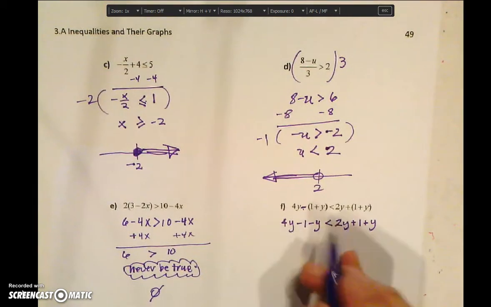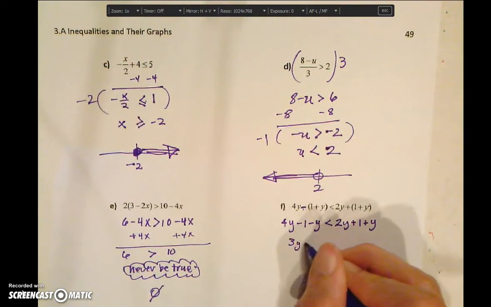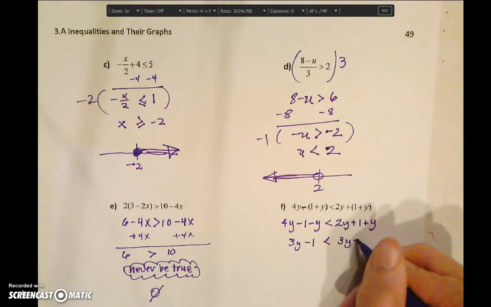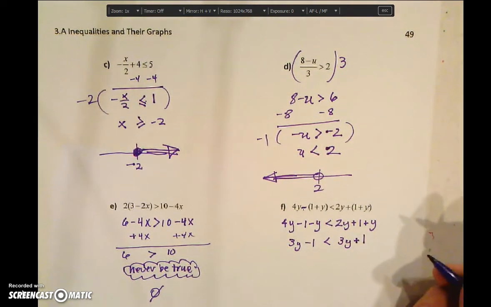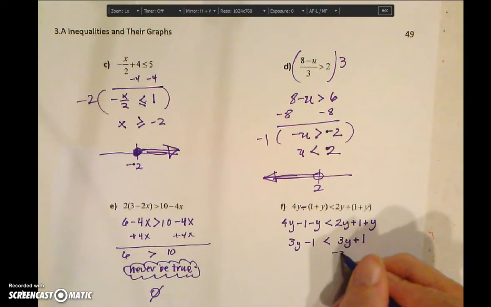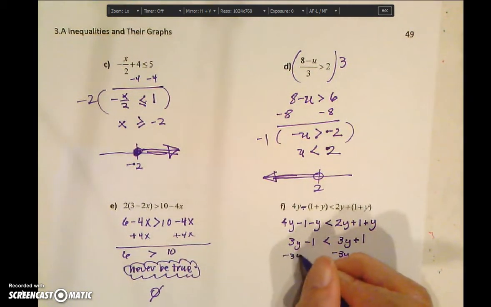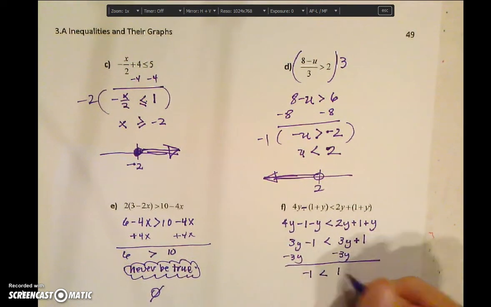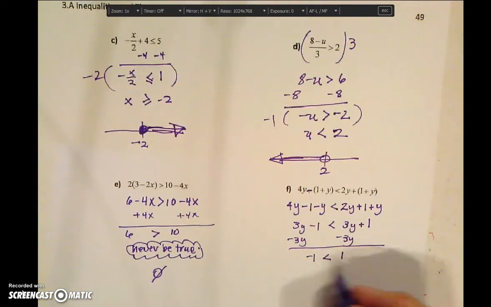Let's see, let's combine our y, so that gives me 3y minus 1 is less than, combine my y's, 3y plus 1. And when I get my y's together, subtract them, I'm left with negative 1 is less than 1. Again, my x has disappeared, so I need to think about it.